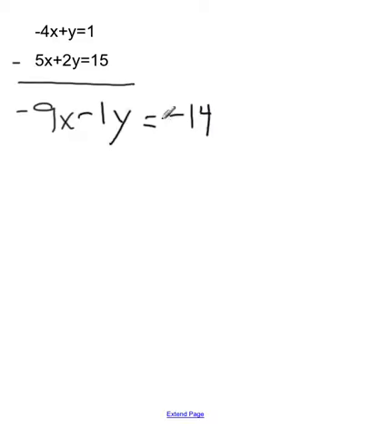If I subtract it, what's going to happen here? Negative 4x minus 5x, that's going to give me negative 9x. Y minus 2y is going to give me negative 1y. 1 minus 15 is going to give me negative 14. Did I eliminate a variable? No, I did not. So that's not going to work either.